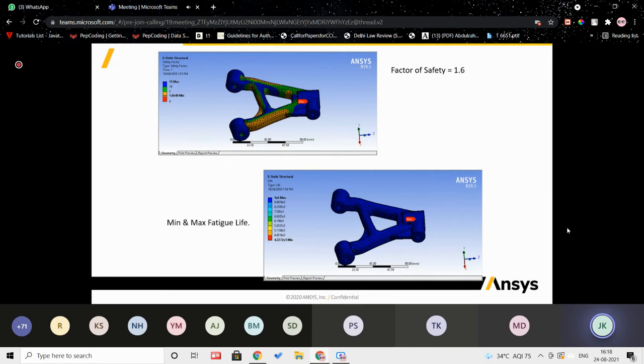We cannot say this component will not fail even if you use it for very long years, like more than 20 years. It does not have infinite life. Every component has a finite life that is governed by its fatigue parameters. And through simulation, we need to identify the parameters in order to establish the maintenance schedule or the inspection schedule. Can you go to the next slide?